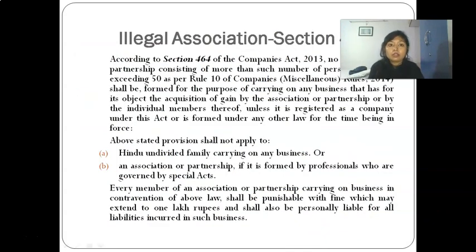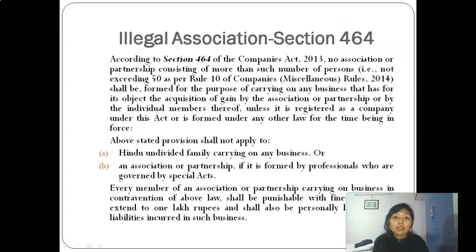Now, the last topic of the day is illegal association, that is section 464 of the Companies Act. What it says: no association or partnership which has more than 50 members will be permitted to carry on business.